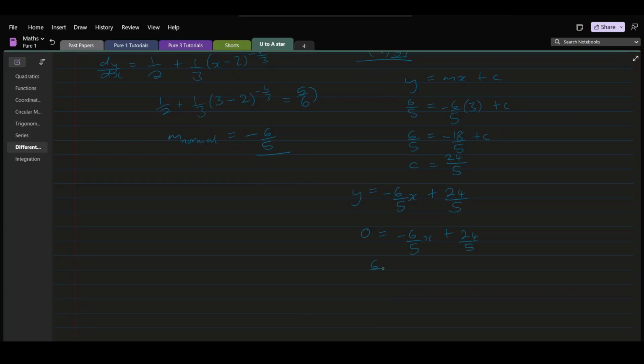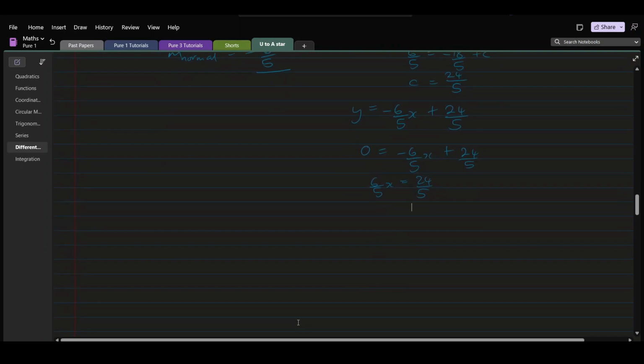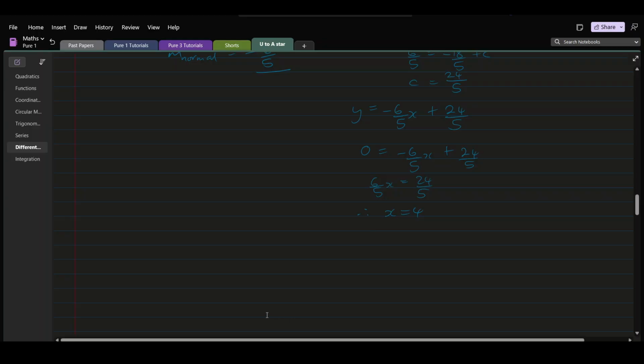So this becomes 6 over 5x is equal to 24 over 5. And now we need to multiply both sides by 5 over 6 to get x. So that's 24 over 5 by 5 over 6. And that gives us x is equal to 4. So this means that the x coordinate where the normal meets the x-axis is x is equal to 4. And this is our final answer.